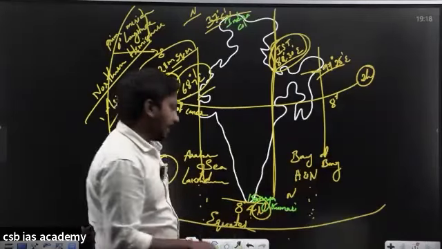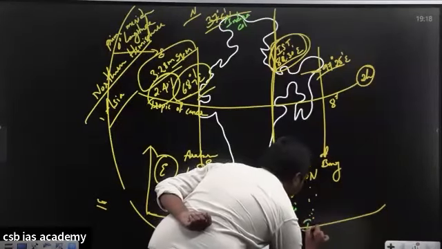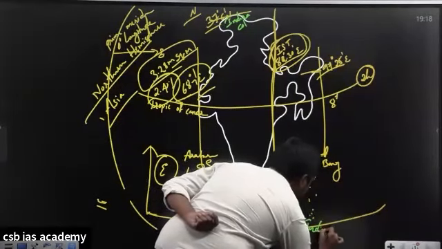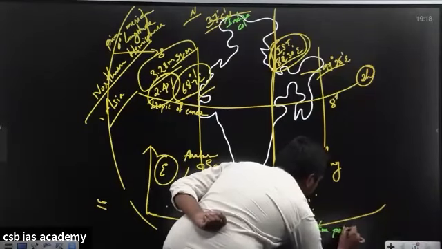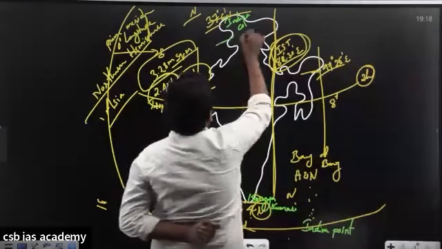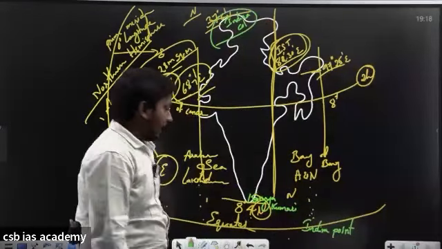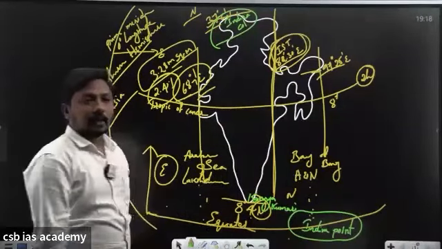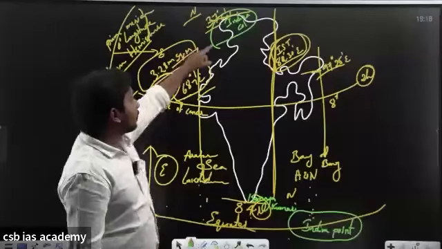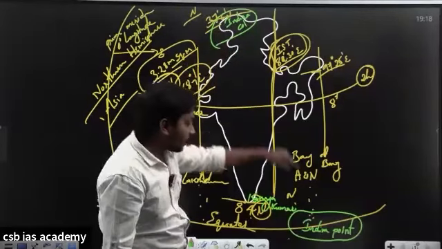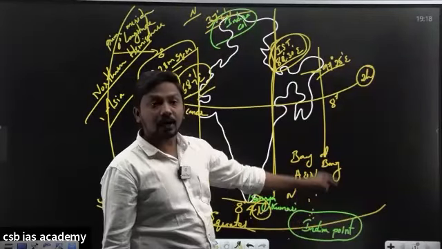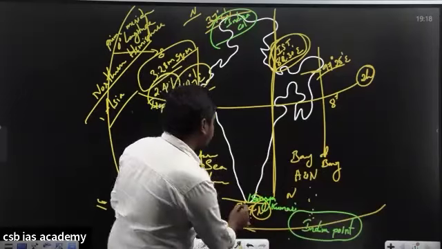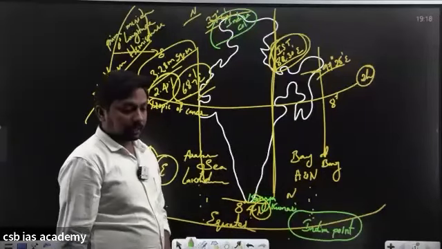And if you include the islands also, it is Indira Point. Are you getting my point? The northernmost tip of the country is Indira Col and the southernmost tip is Indira Point. And for the mainland, it is Kanyakumari, right?